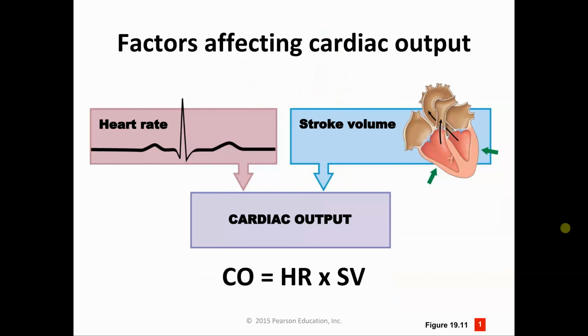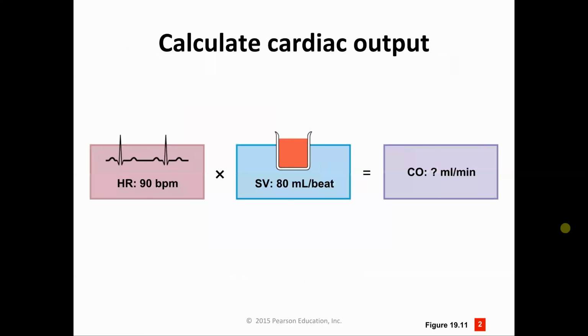All right, so cardiac output is going to be heart rate times stroke volume. And we'll talk about how we can calculate stroke volume. But cardiac output is just going to be the amount of blood that's coming out of your heart. And we usually represent it in milliliters per minute or liters per minute.